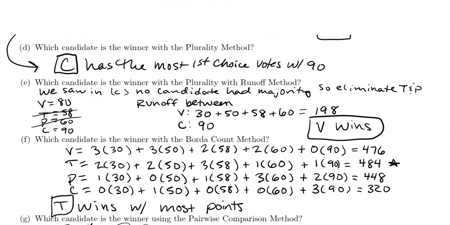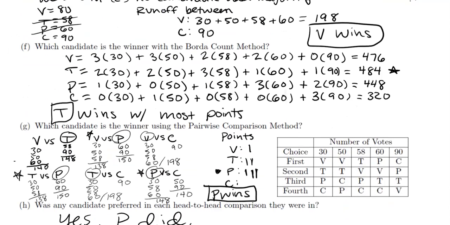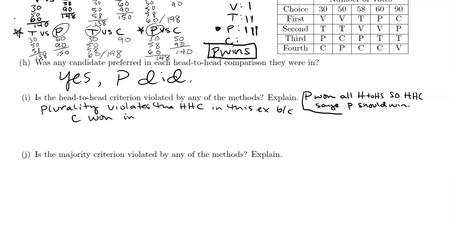So if we go back and look at all the different methods, the first one we did was plurality. And then we see in plurality that C was the winner, which was not P. So plurality violates the head-to-head criteria in this example because C won instead of P. Let's look at the other ones.